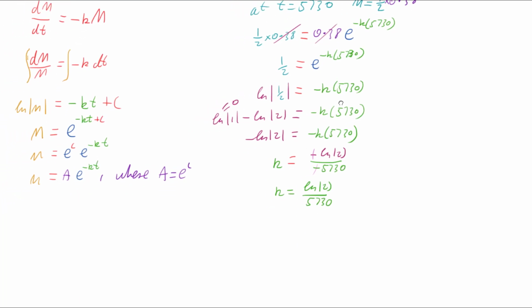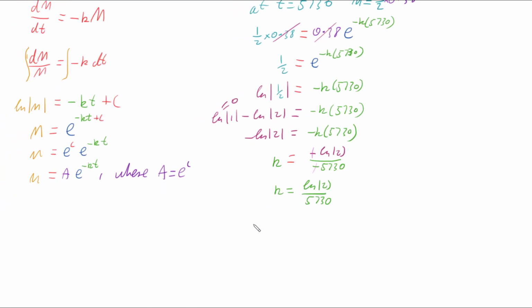So if we put that into our rule, we're going to have mass equals A, which we worked out before, which is 0.38, times e to the negative k, but k is ln of 2 over 5,730, times t. So that is the rule that defines the mass at any point in time t: 0.38 times e to the negative ln of 2 on 5,730 times t.